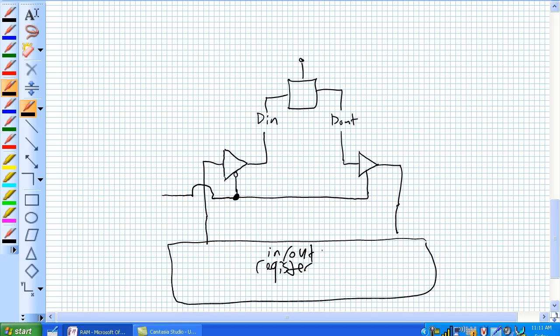So in, out register. What the logic is for the input output here is this single thing off to the side, and we're going to say it's an active low write, active high read. Okay, so when we are going to do write, what is this guy? Well, it's a 0.